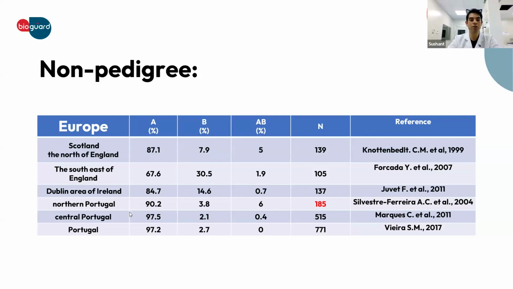When we go down towards Portugal, there were also three studies in our database, where the A percentage is still identified as the highest in this country.